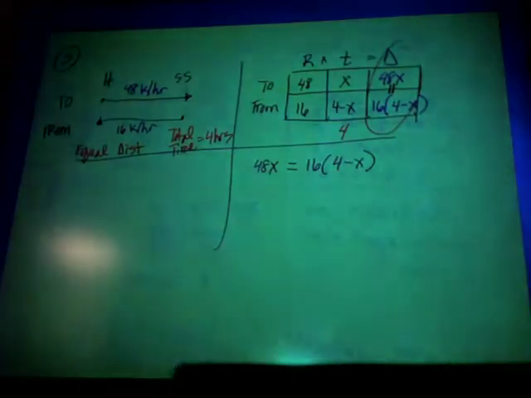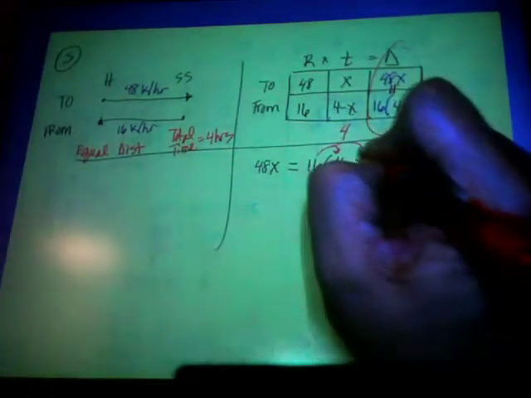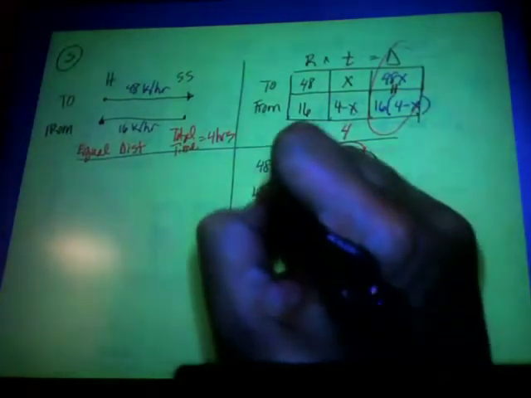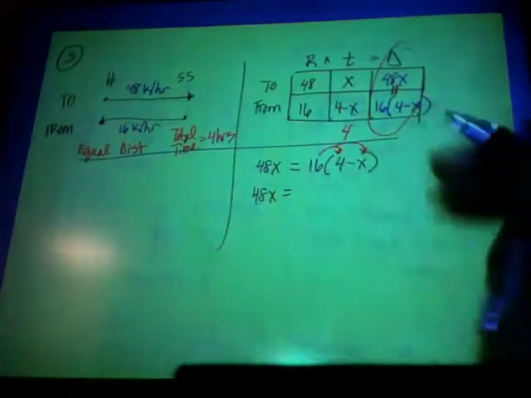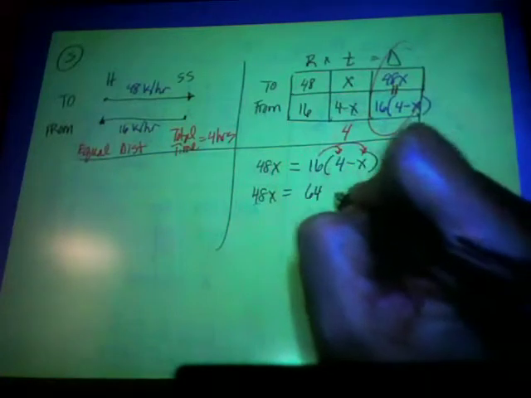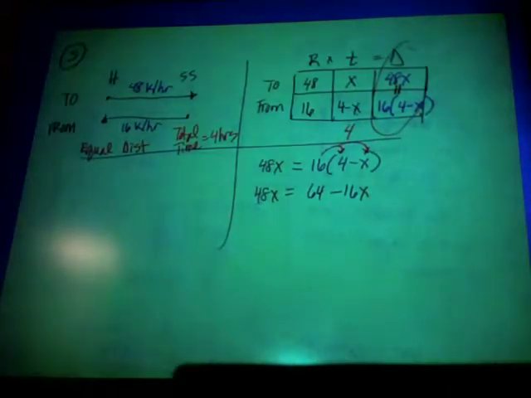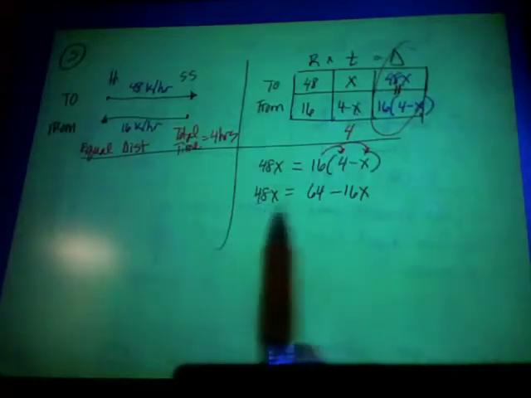Now we're going to solve. What do you do first? Distribute, right? So we have 48x equals, what's 16 times 4? 64. 16 times negative x, watch your signs, negative 16x. Now what do you do? Yeah, you want to get your x's together.